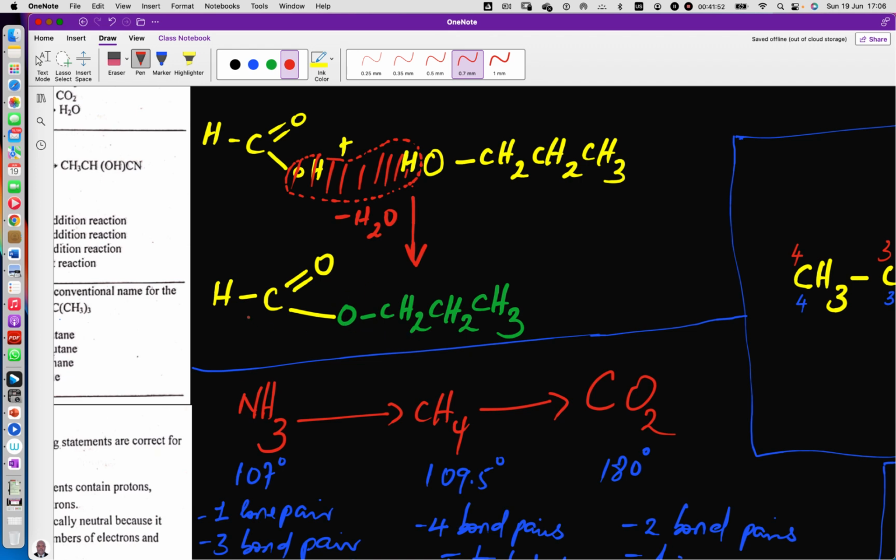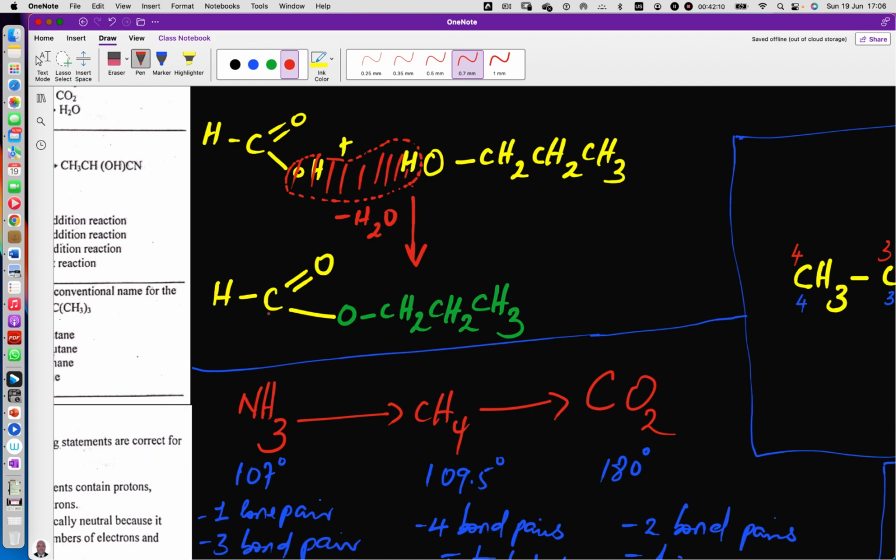Once more, we start naming the ester using the alkyl group from the alcohol, so from the alcohol, the alkyl group is propyl, and we end with the one from the acid.